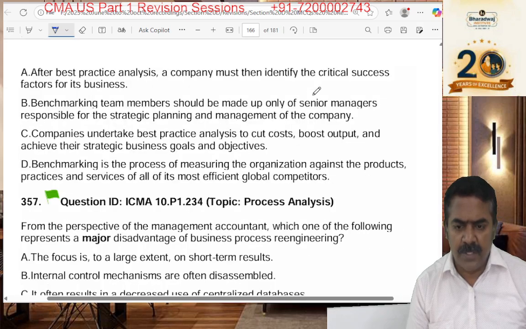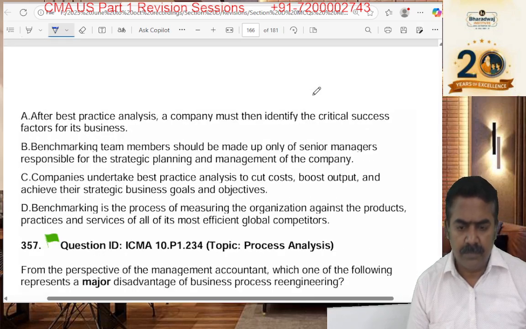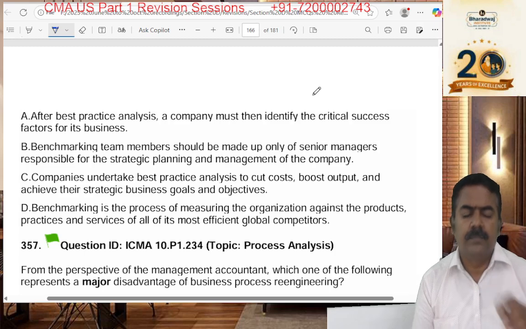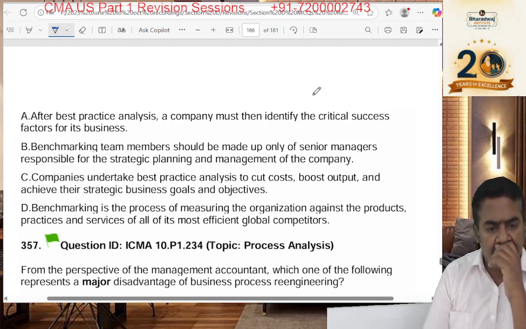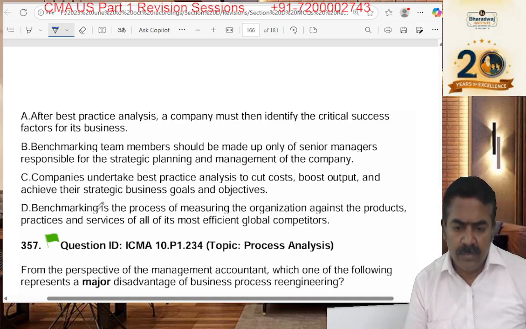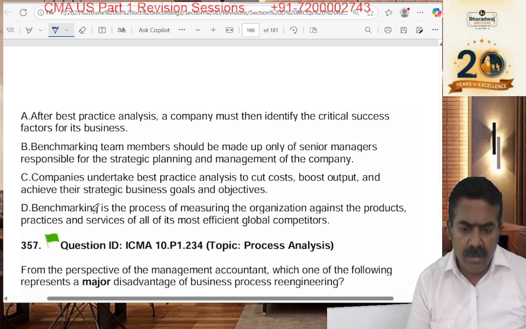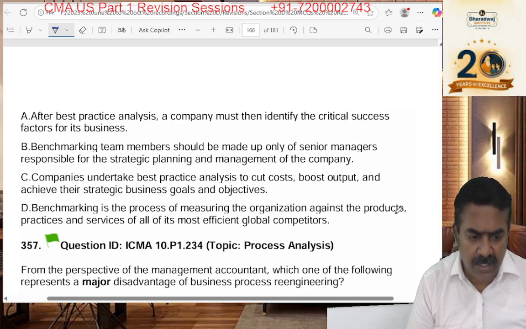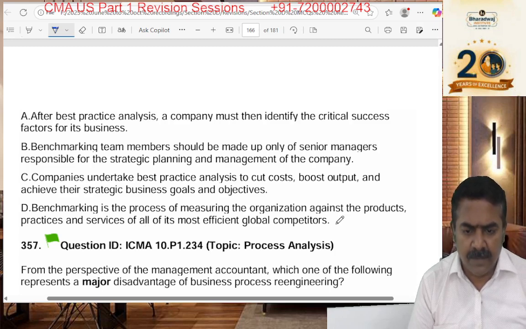Benchmarking, true about benchmarking. It is a process of measuring the organization against the products, practices, and services of all of its most efficient global competitors.